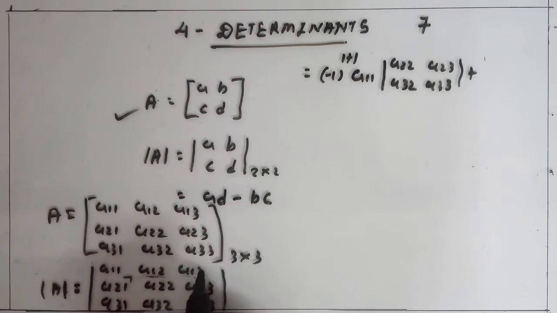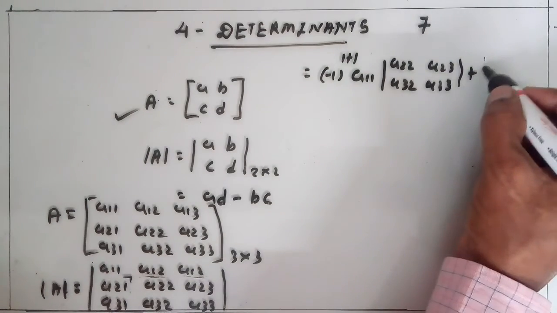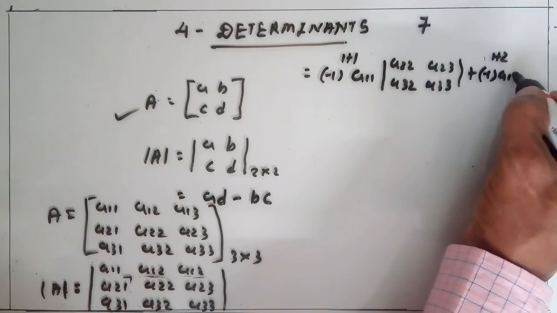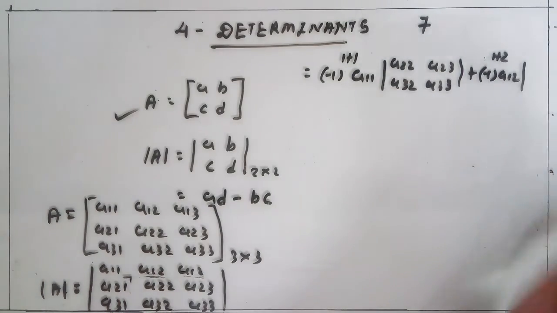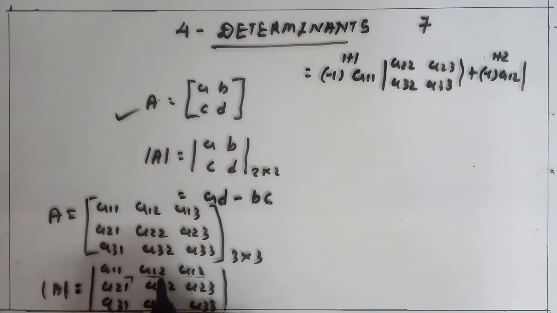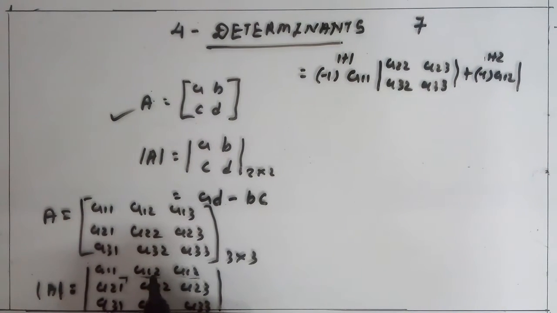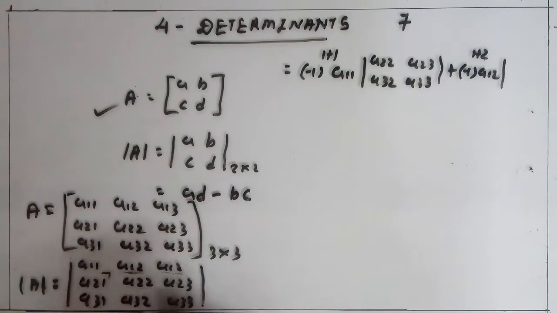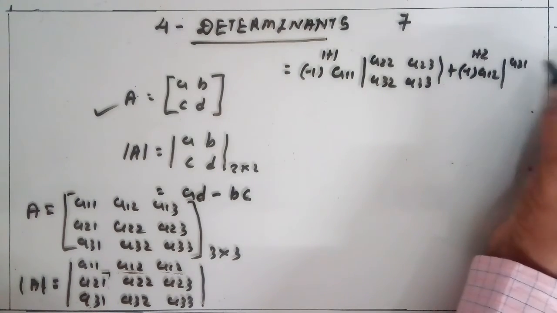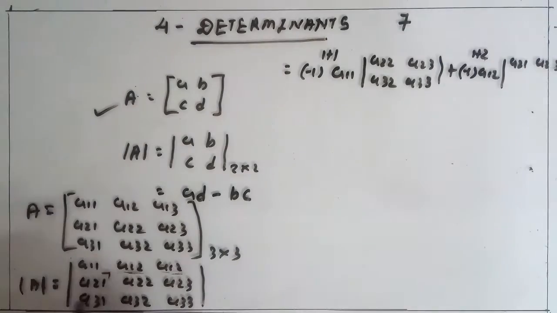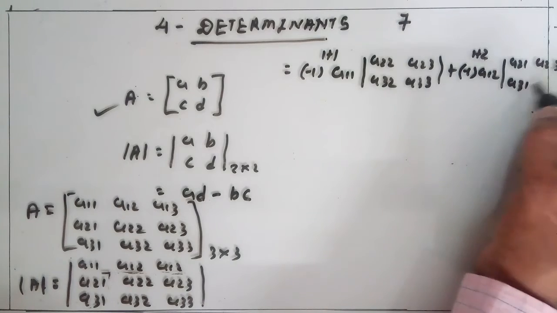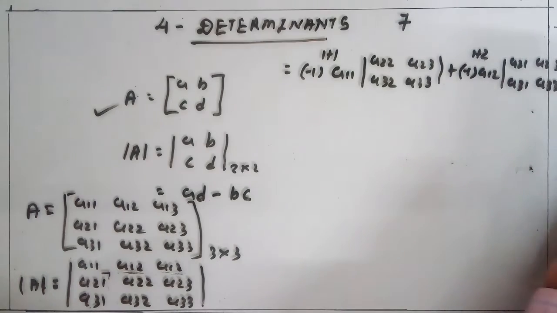A12 lies in the first row and the second column, so multiplying by -1 raised to 1 plus 2 into A12 into the determinant obtained by removing this row and column: A21, A23, A31, A33. Clear this?